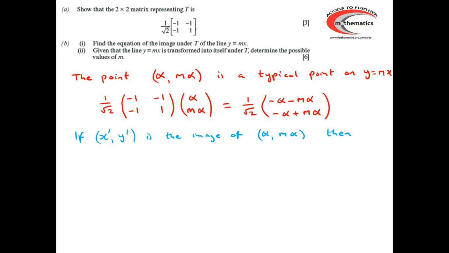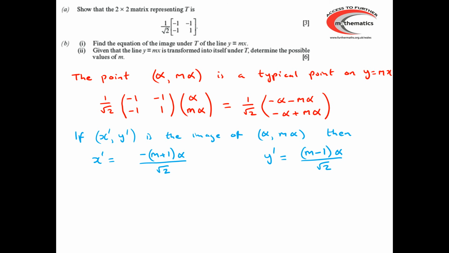If we call the image point x dash, y dash, then we've got x dash is minus m plus 1 times alpha over root 2, and y dash is m minus 1 times alpha over root 2. Now you'll notice that both of these expressions have got alpha in common, and have also got a divisor of root 2 in common.